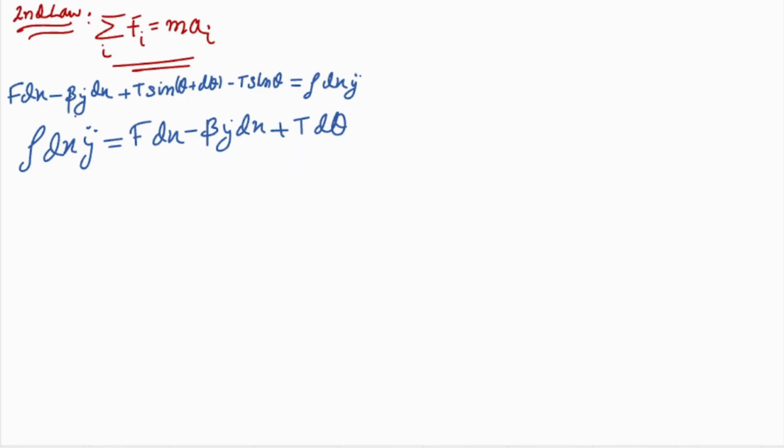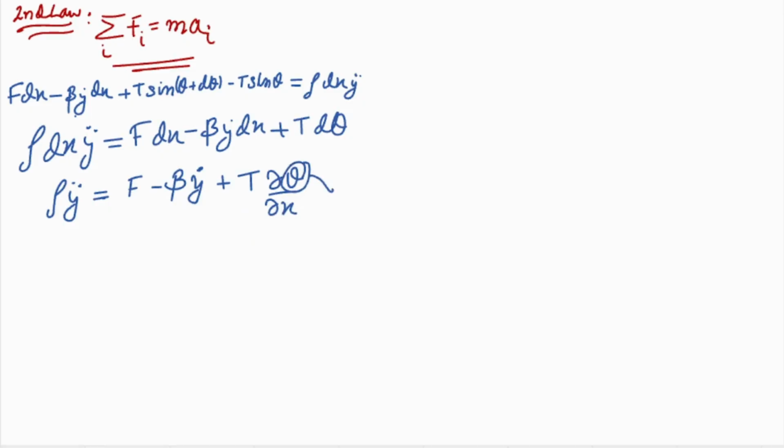Now let's take this dx over there, I mean let's take this thing of the whole function. If we take a derivative with respect to x, we get rho y double dot is nothing but f minus beta y dot plus T del theta by del x.